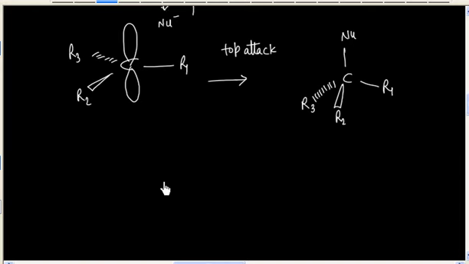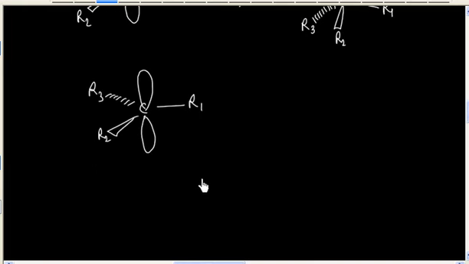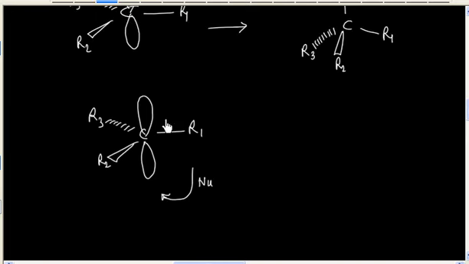Now let us consider the next case in which nucleophile attacks from the bottom face. So this time nucleophile is attacking from bottom face. So we will have this product.